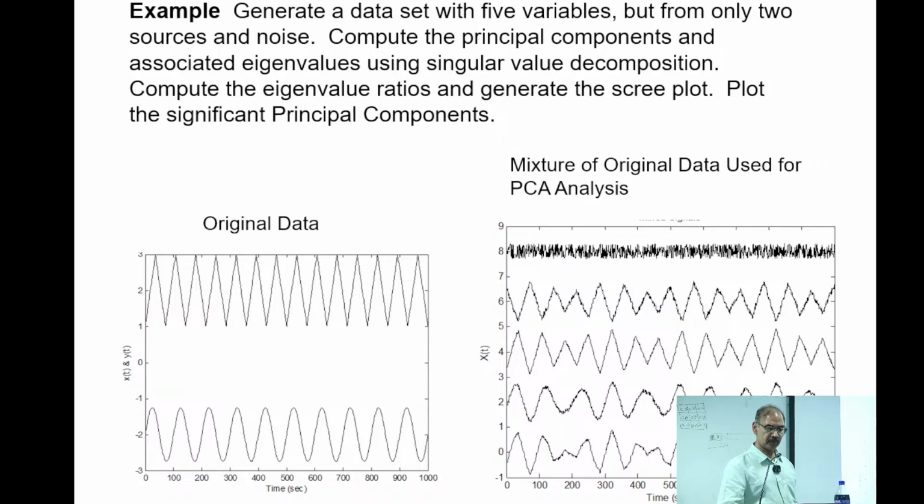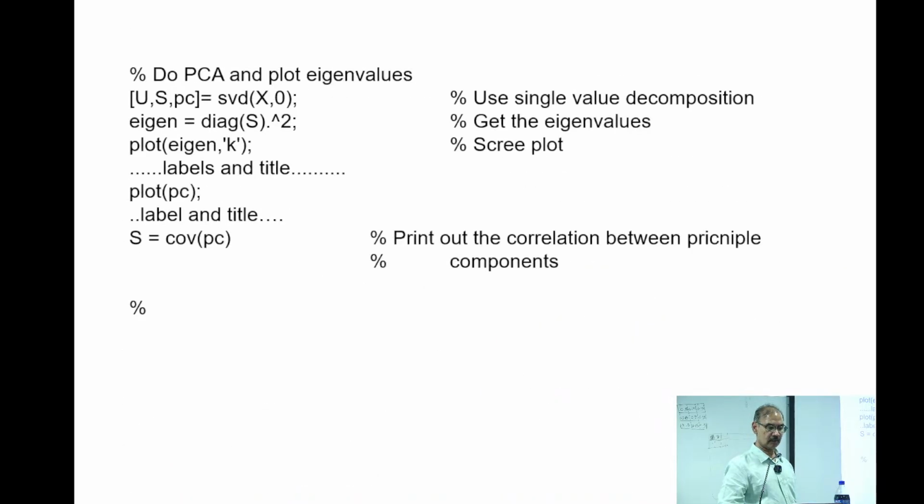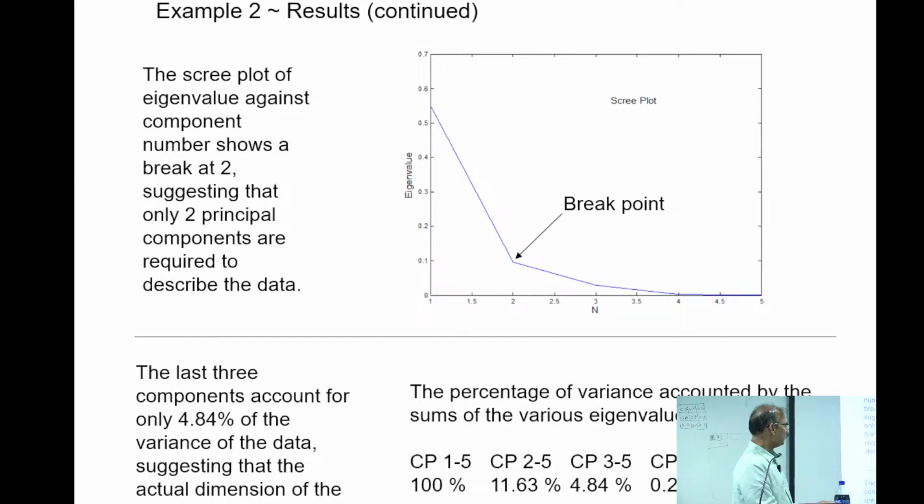And also the number of time points is much greater than 5, okay? So this is how you can do principal component analysis. In MATLAB, for those of you who are familiar, there is also a command called PCA, right?